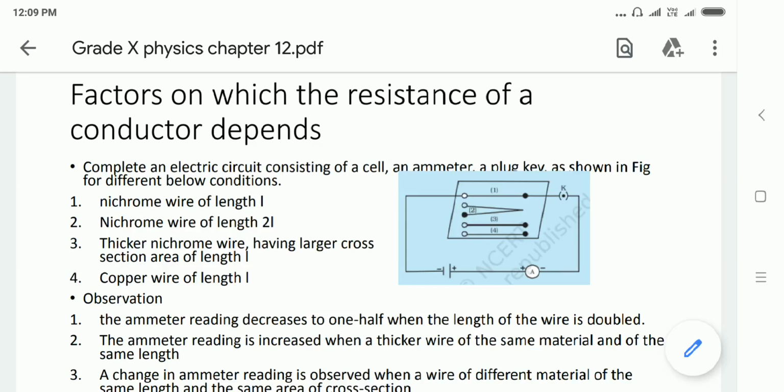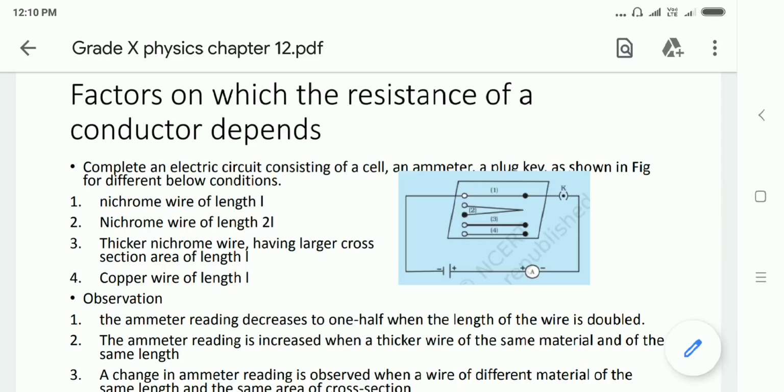In the fourth case, change the type of the material, so use copper wire instead of nichrome, keeping the length L. We apply these 4 conditions one by one and try to get the observation result.